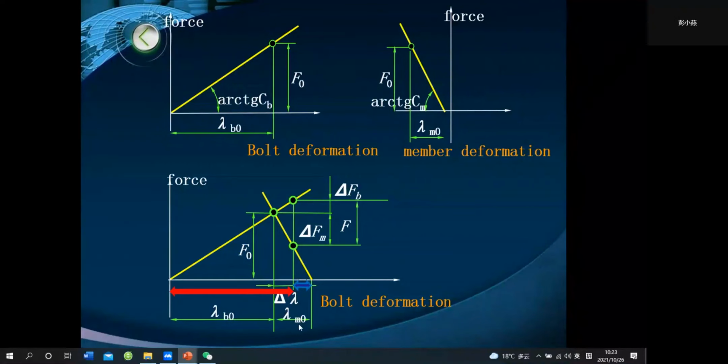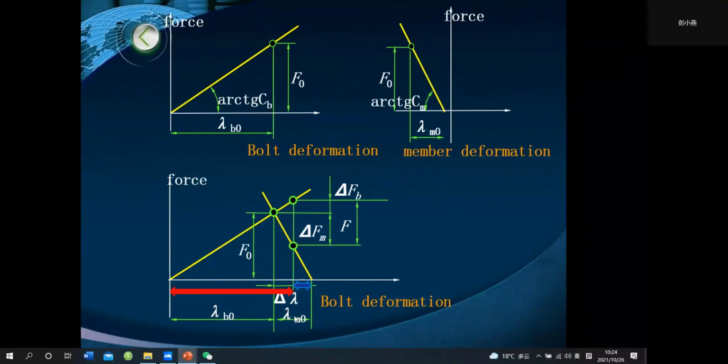And after the axial force loading, the blue line represents the total deformation of the member.